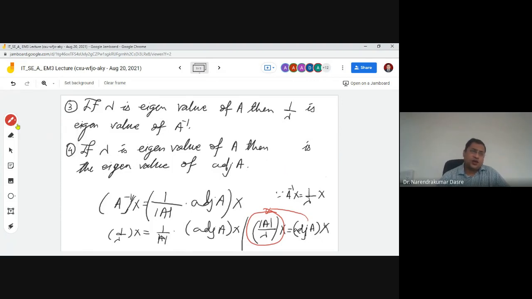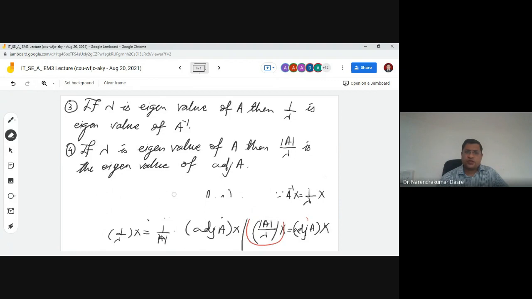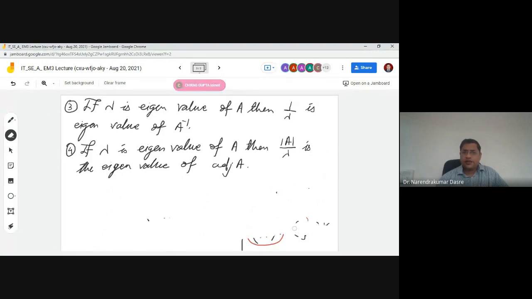So here we got the action of this matrix and this scalar is going to be the same on the vector, and that's why determinant of A upon lambda is the eigenvalue of adjoint of A. Yeah, so we are easily able to prove this if we know the basic relations on matrices.